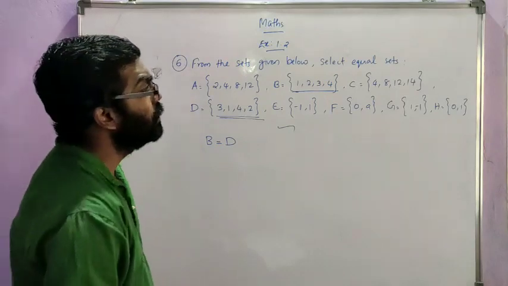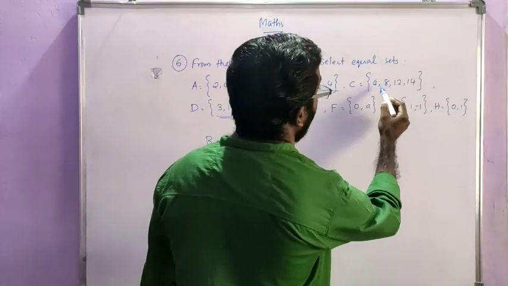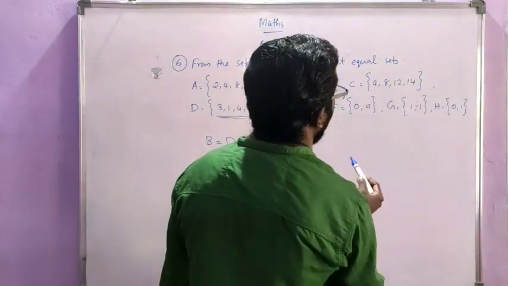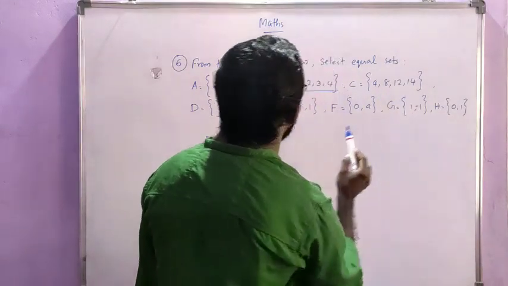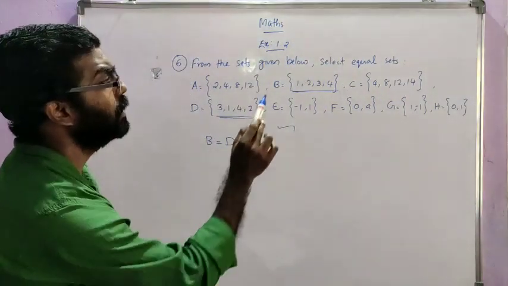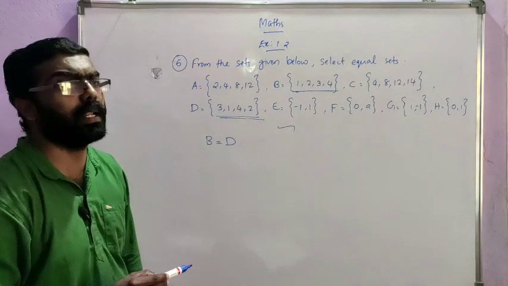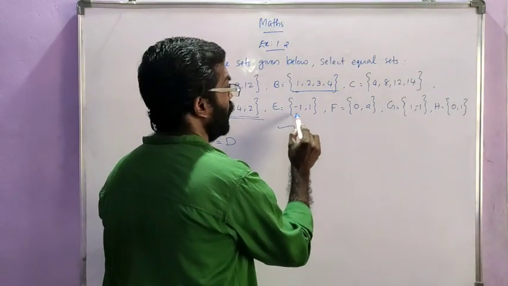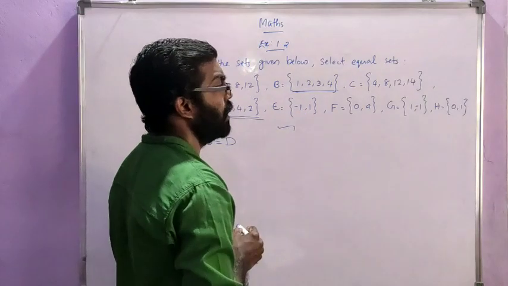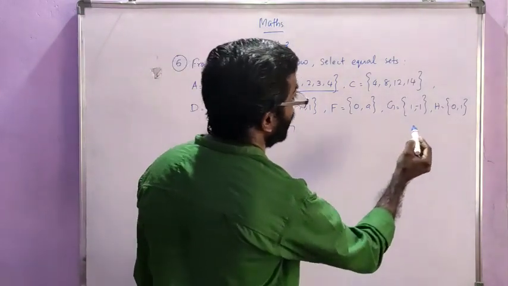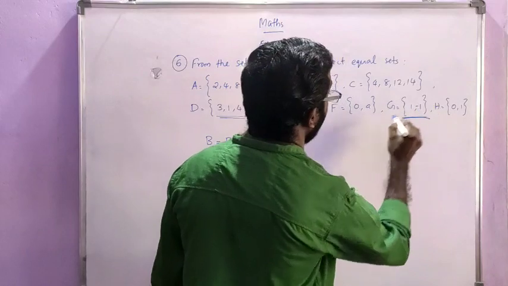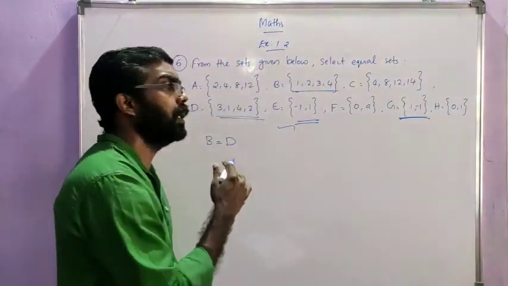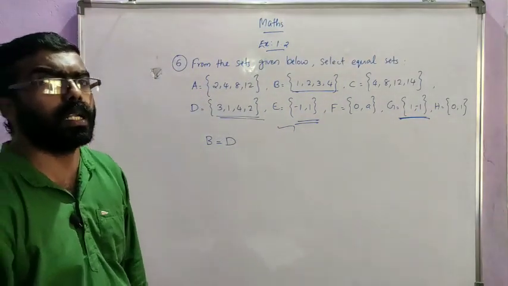Clear? Now take the set C {4, 8, 12, 14}. But there is no set which contains that numbers 4, 8, 12 and 14. So leave it. Then come to E. E is equal to set {minus 1, 1}. And there is another set G which contains 1, minus 1. Minus 1, 1. 1, minus 1. Both are equal.